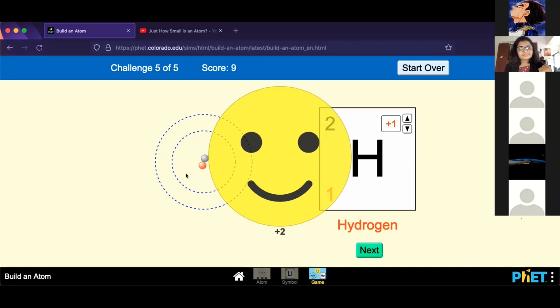Ma'am, for hydrogen. Achha, sorry. Yeah, according to the diagram, there are no electrons. So this is basically the structure of a hydrogen ion. ये already electron दे चुका है. That's why it's got a plus 1 charge. It doesn't have any electrons. So that's how it is.